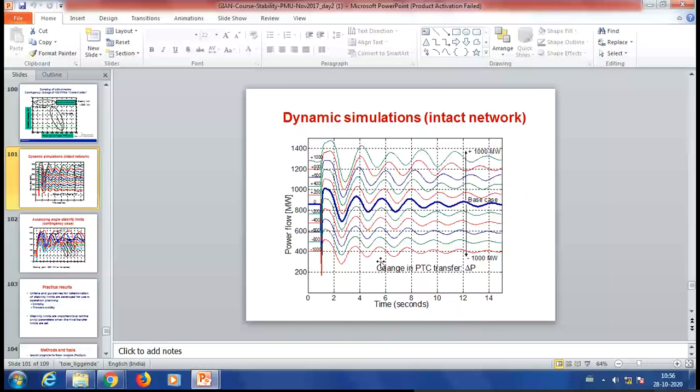So that is the constraint here. If you have the oscillations, you cannot load the line. That is why it is very important to design the controller so that you don't observe oscillation whenever we have an increased amount of power flow in the line.